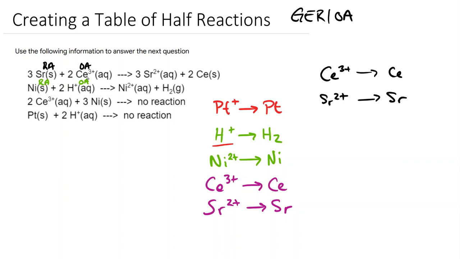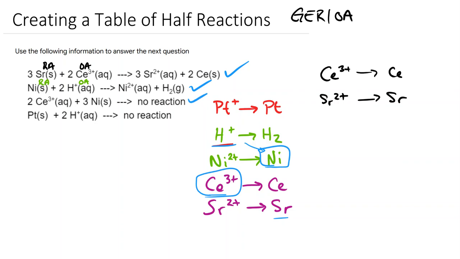Strontium atoms and cerium ions make a spontaneous reaction. They do. Good. Nickel atoms and hydrogen ions make a spontaneous reaction. Good. Cerium ions here and nickel atoms here make a non-spontaneous reaction.